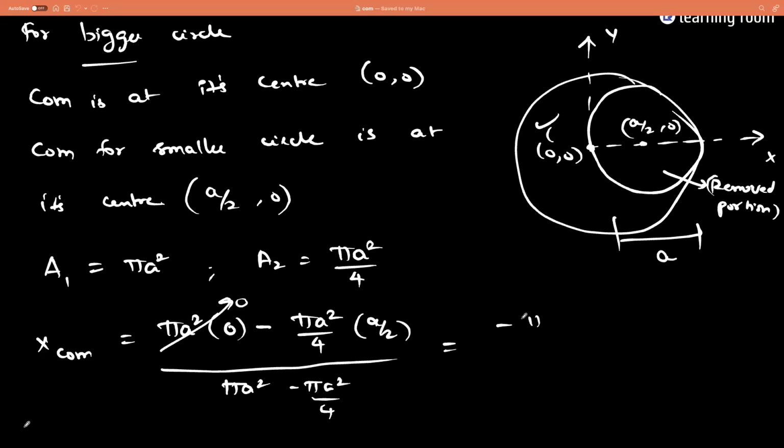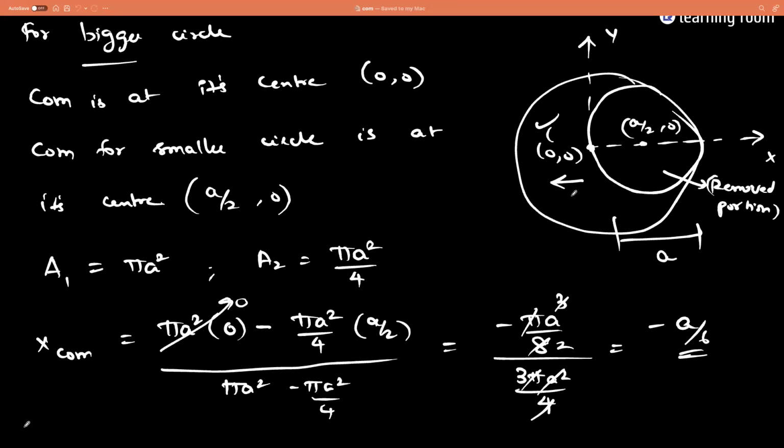And this will be equal to minus pi a cube divided by 8, the whole divided by 3 pi a square divided by 4. So pi and pi are gone, a square will cancel. So minus a divided by 6 will be the answer. Means the center of mass will get shifted to the left by a distance of a by 6. So the x coordinate of center of mass will be equal to minus a by 6, 0.